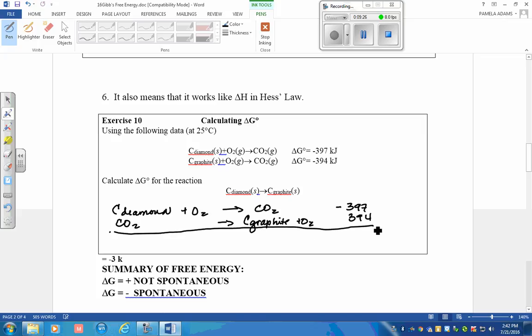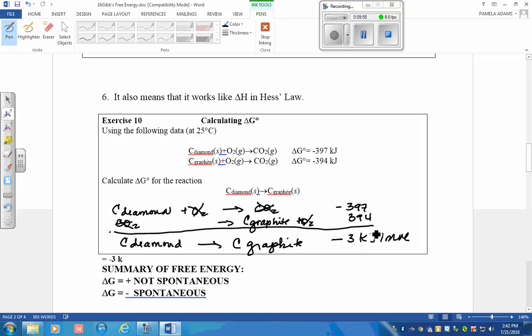Before I add everything together, I'm going to cross out spectators, things that are exactly the same on both sides of the reaction. And when I add that together, I get my target reaction telling me that I've done this correctly. And when I add these together, I see that my value is negative 3 kilojoules per mole.